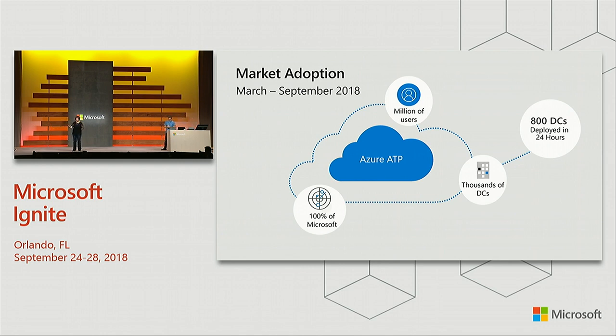Attackers tend to stay in the environment. We see that domain dominance information. We see lateral movement in the environment. So while it's best to put Azure ATP in your environment to protect it up front, even if there is an attack in your environment, and most companies have been breached or will be breached, it will still give you a lot of value, from day one, as well as ongoing monitoring.